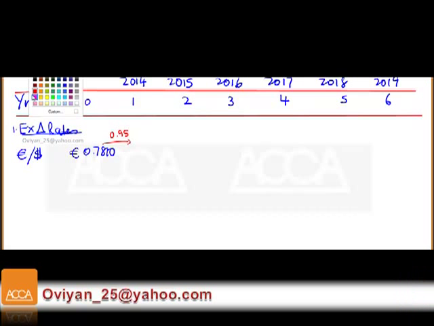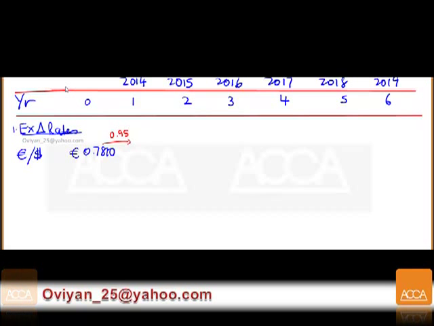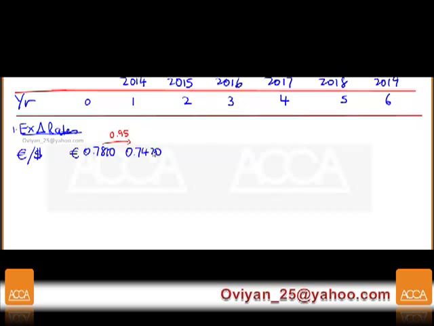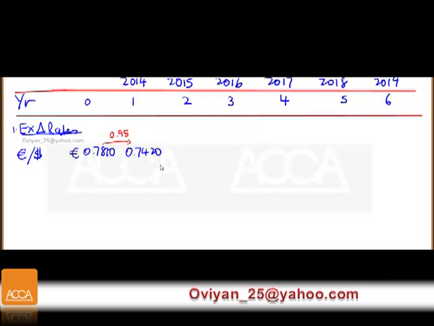And if it's going to depreciate, it's going to be 0.95. For $1, you get now lesser euros. Okay, so this is going to be 0.7420. All this is found in paragraph number 18. Dollar to devalue.